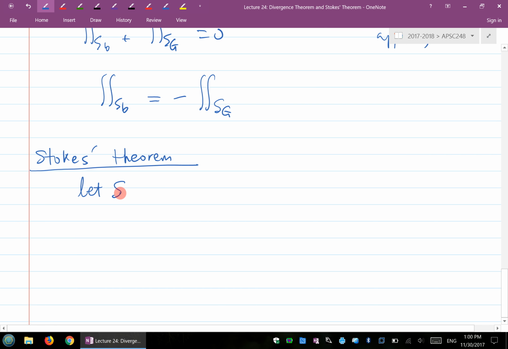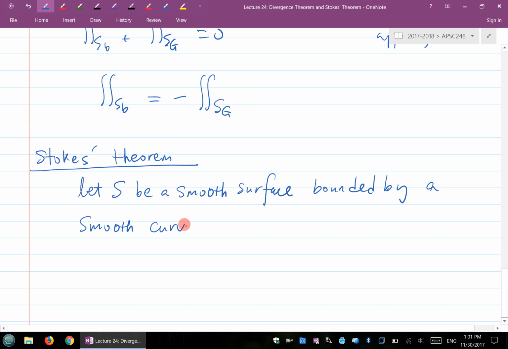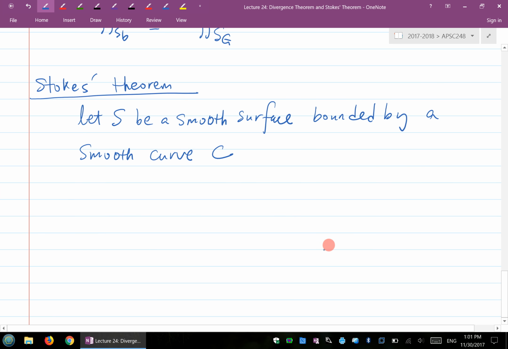Let S be a smooth surface bounded by a smooth curve C. So I'll draw something here. You have a surface S on top, and it's bounded by the curve C.